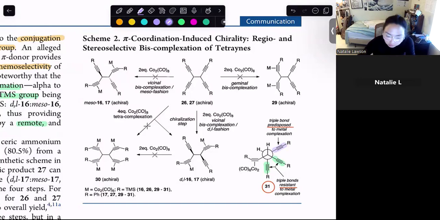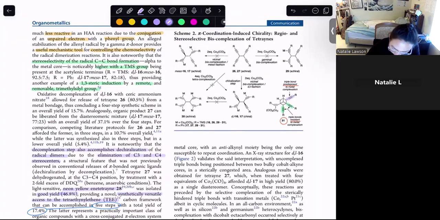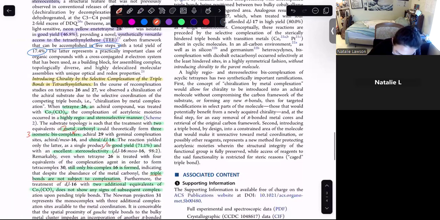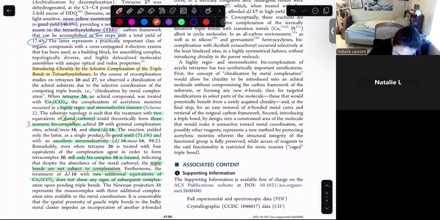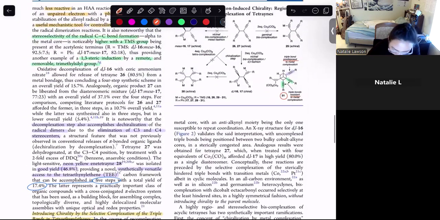Let's go back and forth from this picture and the text. So, okay. Oxidative decomplexation of 16 with ceric ammonium nitrate allowed for release of tetraene.